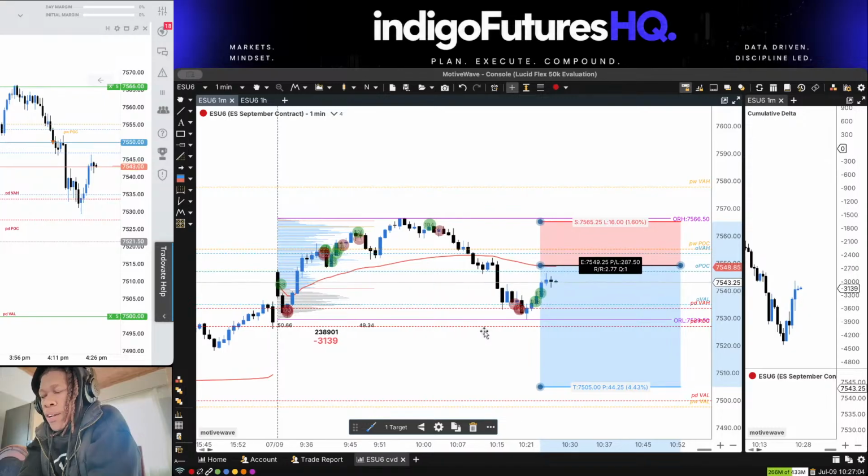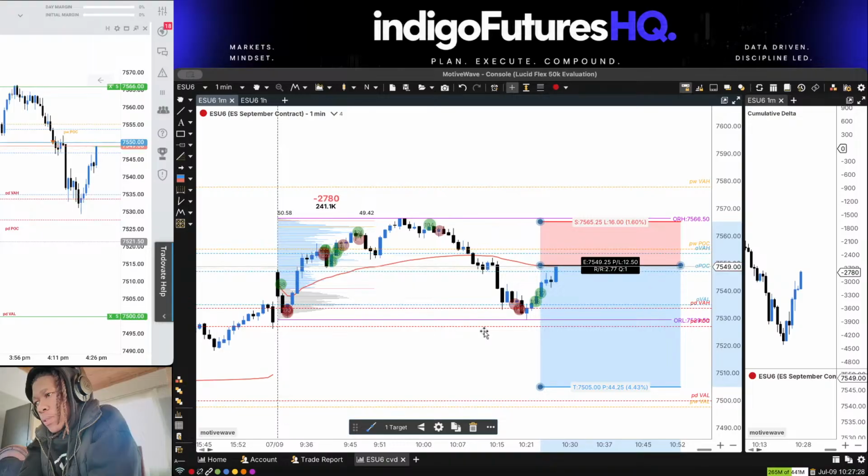VWAP's at 548, and yeah, we're on about that. Never mind. Here we go. Test of VWAP and test of overnight point of control. VWAP.